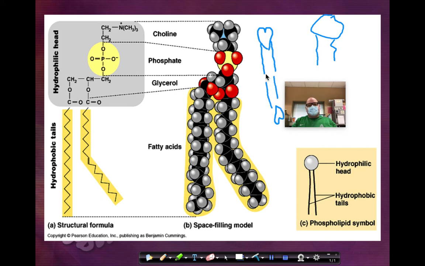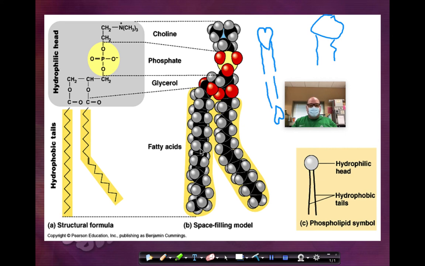And so this arrangement makes up cell membranes. It's sort of self-stabilizing. If you disturb it, it will kind of reassemble itself. There's other things in your cell membrane, but what I want you to notice here is the gray area is the hydrophilic area, and the yellow area is the hydrophobic area.